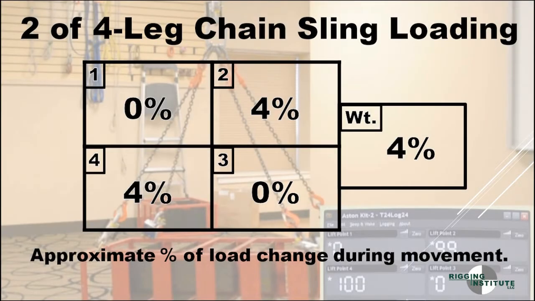Slings 2 and 4 show an increase in loading at 4%. The hoist supporting the load increased by 4% as well.